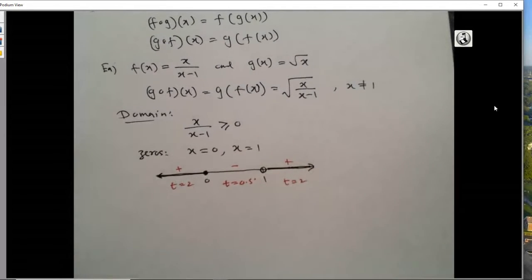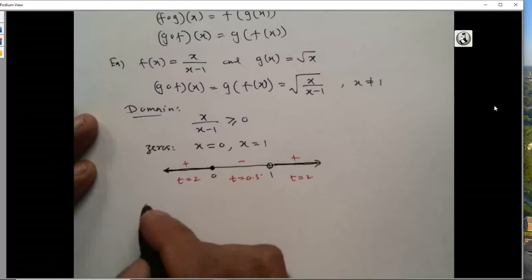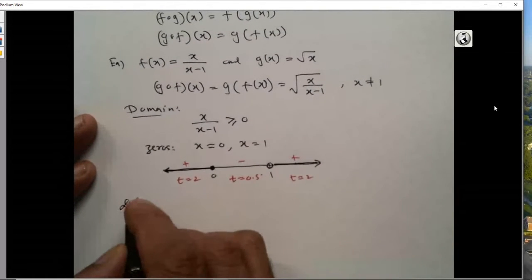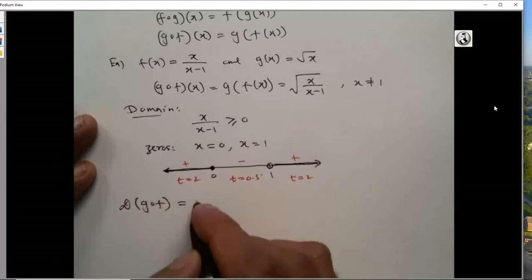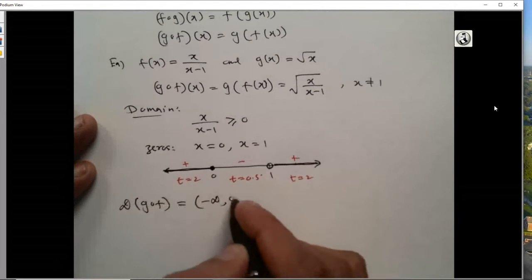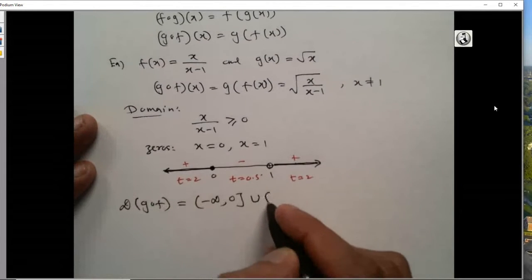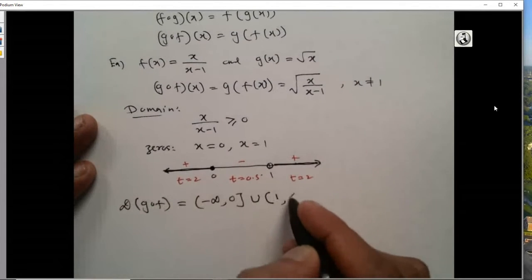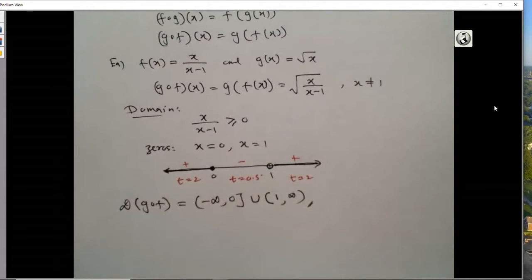Now we can write the solution using interval notation. The domain of f circle g equals negative infinity all the way to 0, including 0, union, and we remove the 0 from the denominator, so it is 1 to infinity. That's the domain. This is how you do a typical problem.